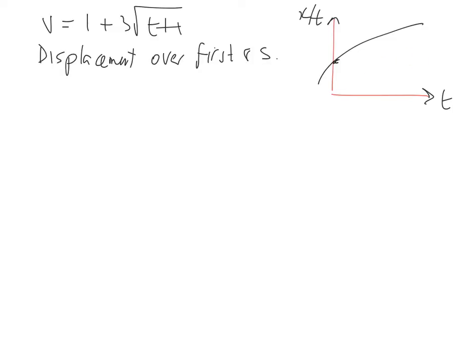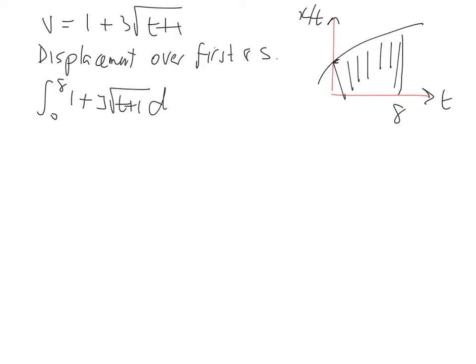So to do that, we go into the first 8 seconds. What we need to do is anti-differentiate between 8 and 0 for 1 plus 3 square root of t plus 1, with respect to t. To do that, we need to break this up.